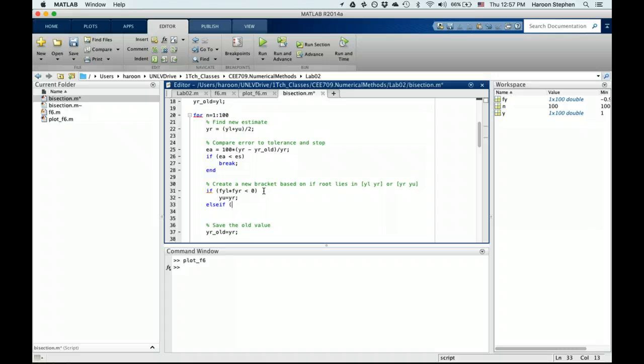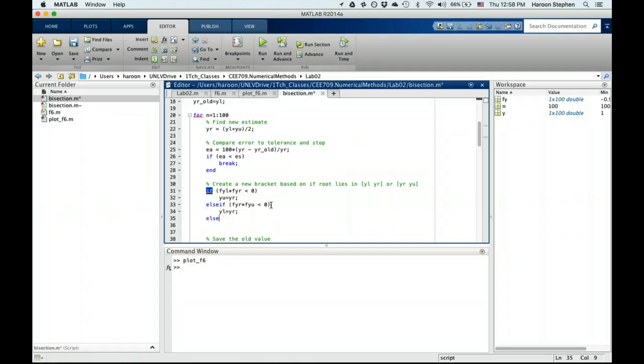if fYR times fYU is less than 0, so this is the second scenario, and in that case I want this to become the new lower limit of the bracket, so I will say YL becomes YR. Okay.